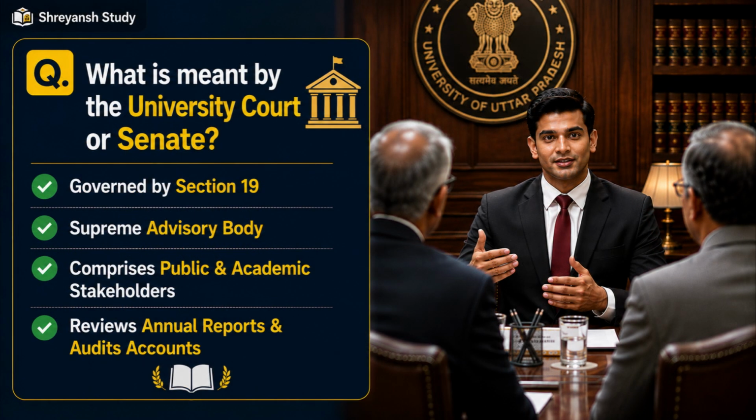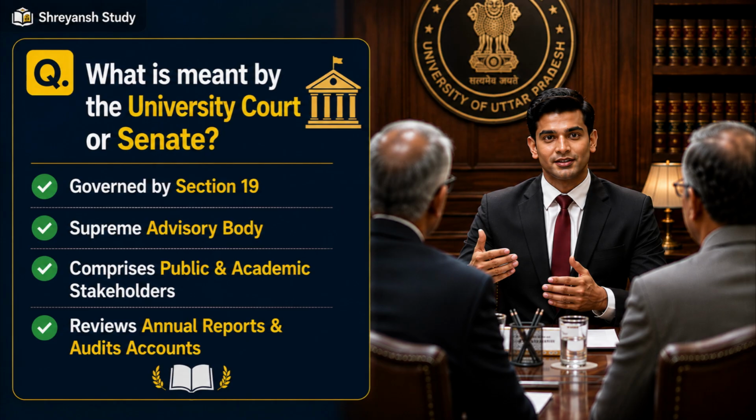What is meant by the University Court or Senate? Describe its composition, meaning, and role as an advisory or supreme governing body. Sir, governed by Section 19, the University Court or Senate is the supreme advisory and deliberative body of the university.